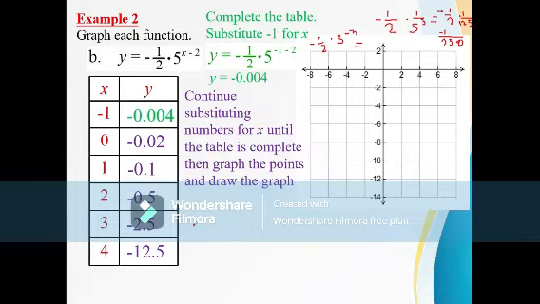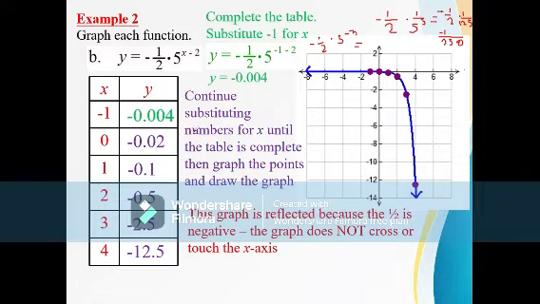After which, we are going to plot the values. Let's start. If x is negative 1, y is negative 0.04. So it is here. Then if x is 0, y is negative 0.02.